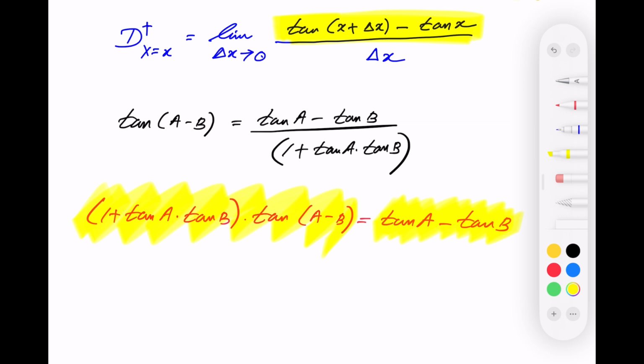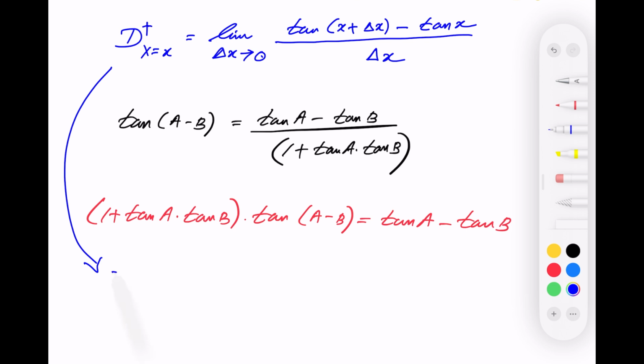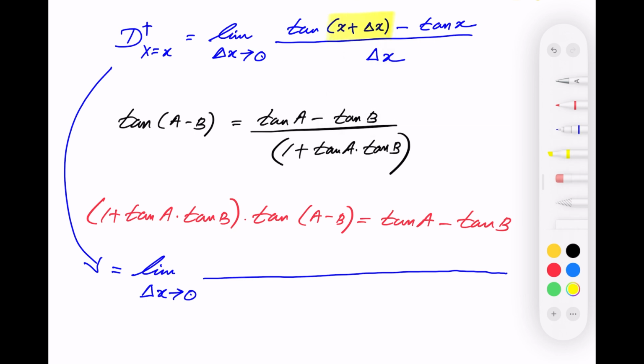The right-hand differentiability is now equal to limit as delta x approaches 0. On the numerator, we have tangent x plus delta x minus tangent x. We consider x plus delta x as a and x as b.